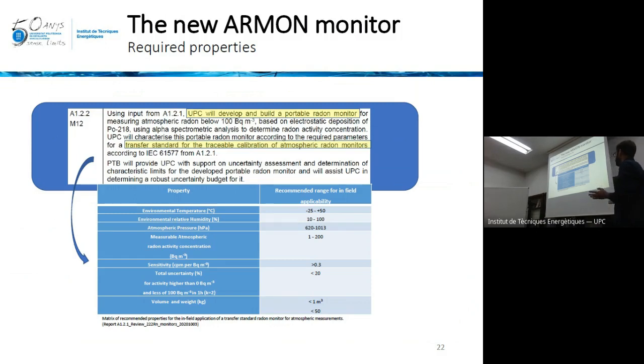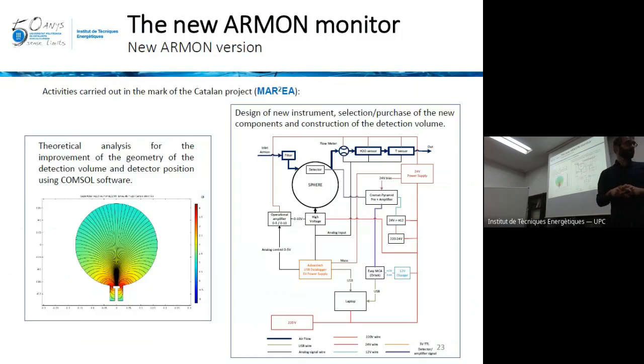Also a range of pressure. It should be capable of a response from 1 to 200 becquerels per cubic meter, with a sensitivity higher than 0.3 and a total uncertainty less than 20%.